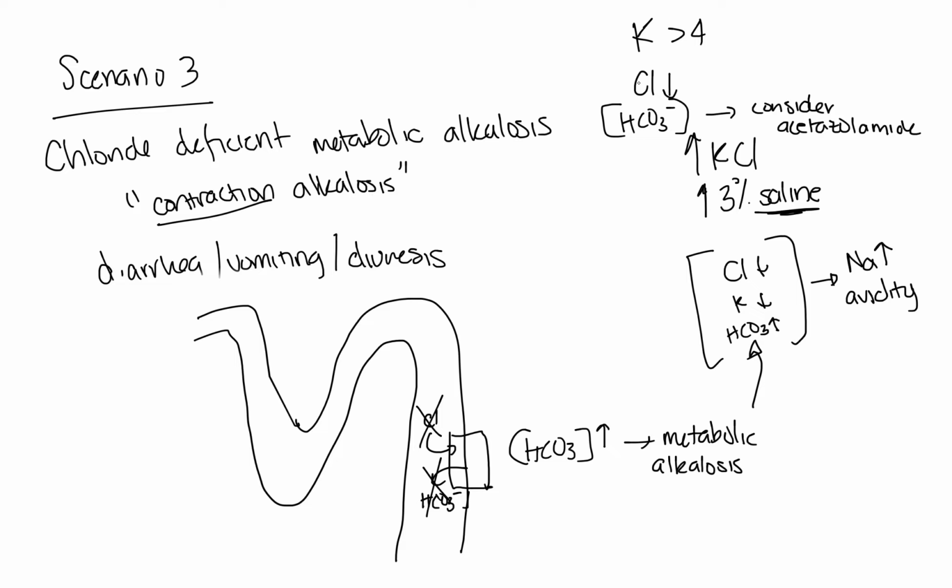We're quite convinced that it's the chloride deficiency that's part of it, but these two things go hand in hand because in order to maintain electroneutrality, these two things go in a zero-sum direction, right? Zero-sum game. So that's scenario 3, that please don't think of contraction alkalosis as a real thing. Rather, think of it as chloride deficiency, and how you fix that is making sure the K stays above 4 because you're giving potassium chloride, and keep the chloride up.